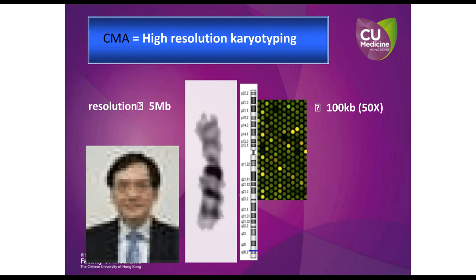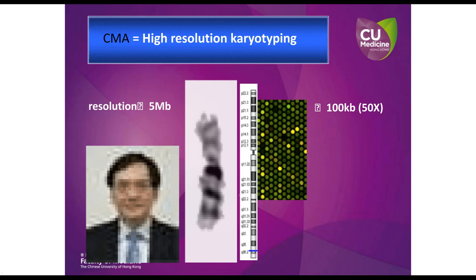So just like here, we have a picture, we show the pixels, we know that this is a human individual, but it's hard to tell who he or she is. It's because of the lack of resolution. But by microarray, because we have enhanced the resolution from 5 million base pair to 100 kilobase pair, that is a 50 times enhancement in resolution.